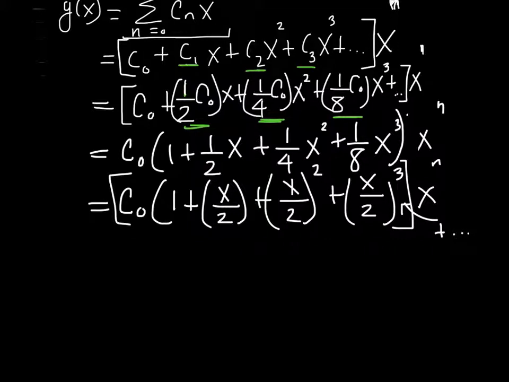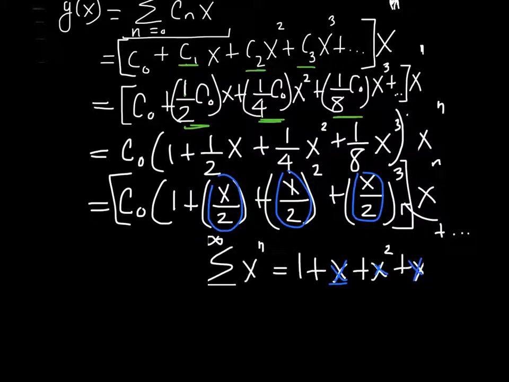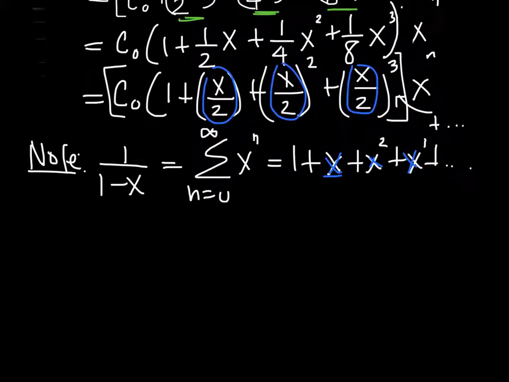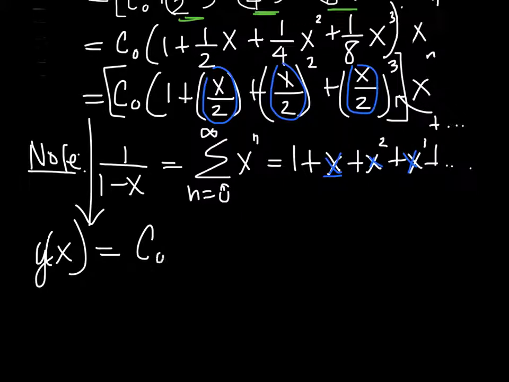Instead of just x, we're going to use these guys. So we can rewrite this in the following form. So we have, again, y of x equals, right, this was our y of x. Well, we can write this as c naught times all of this.